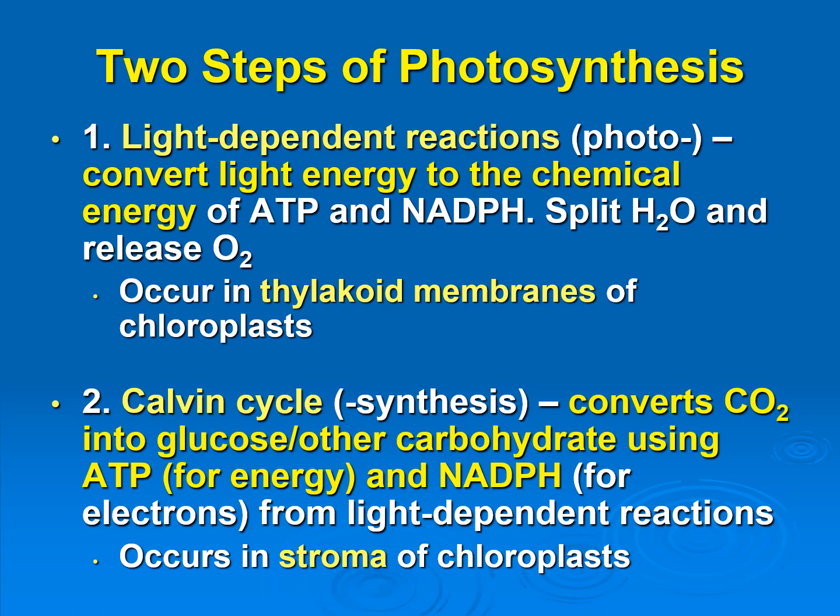All right, so there are two steps to photosynthesis. So the photo part of photosynthesis, photo refers to light, and this will be the light-dependent reactions. And in the light-dependent reactions, we're going to be converting light energy to the chemical energy of ATP and an electron carrier called NADPH.